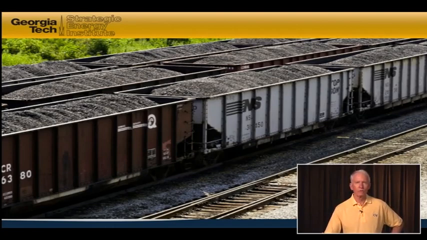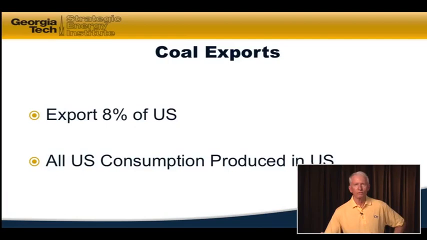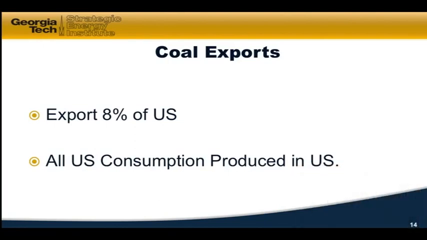We'll look at some of the emissions characteristics of the different fuels. We'll hold that to talk about the environmental impacts in general separately. But coal is actually one of the few, and basically the only one of any significant numbers, that we export. We actually export about 8% of the coal that we mine.